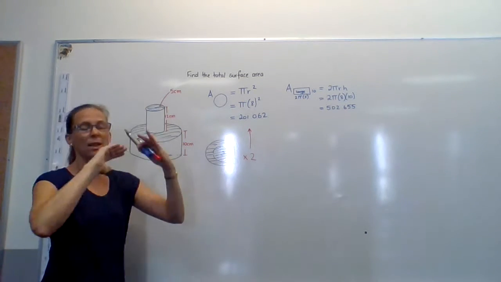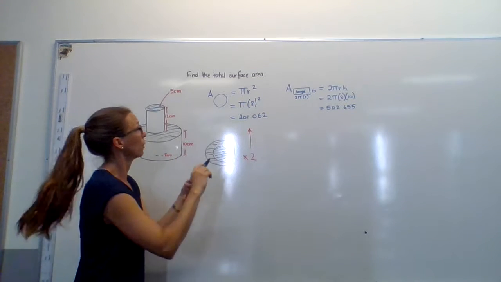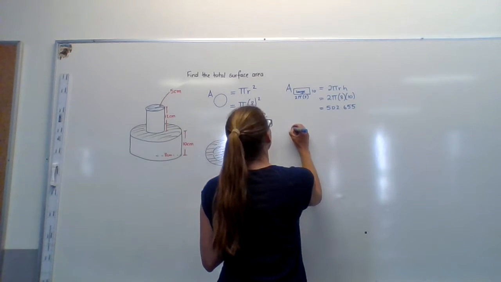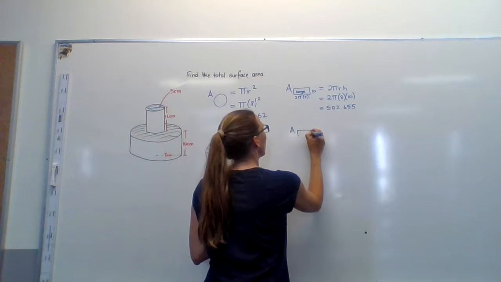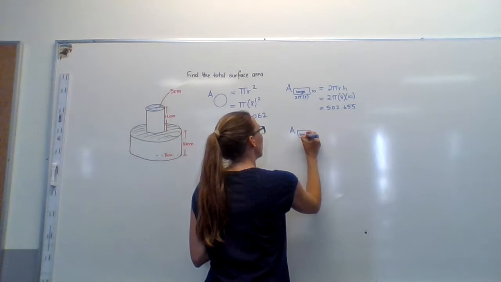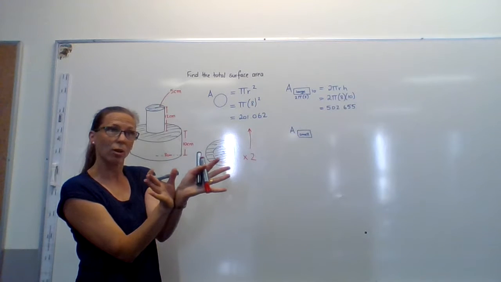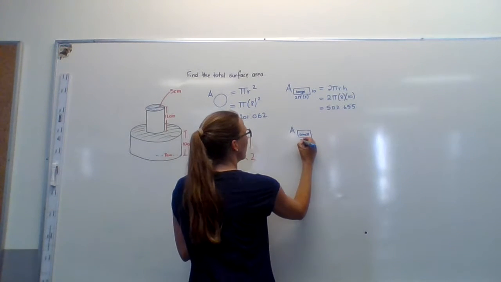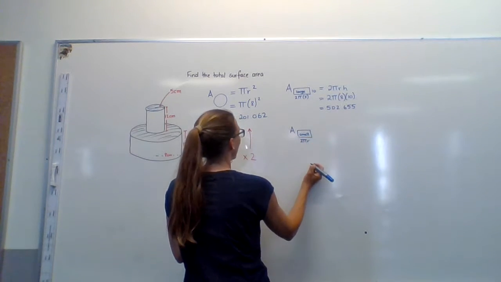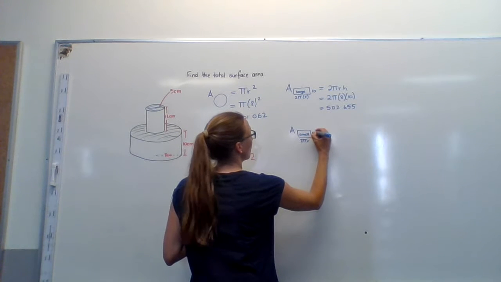got left is the small curved surface. So my small curved surface, opening up that curve is 2 pi r, and a height of 12.